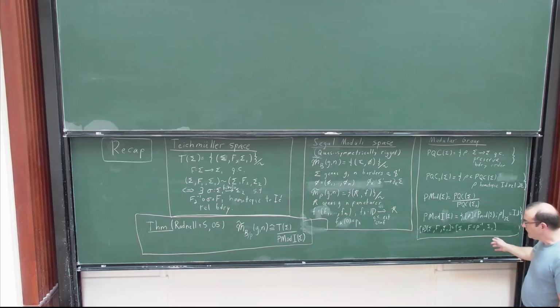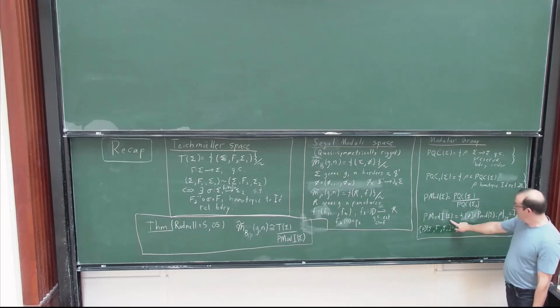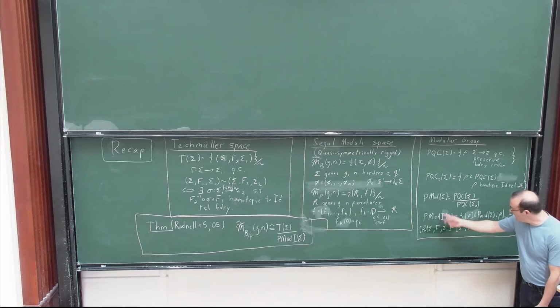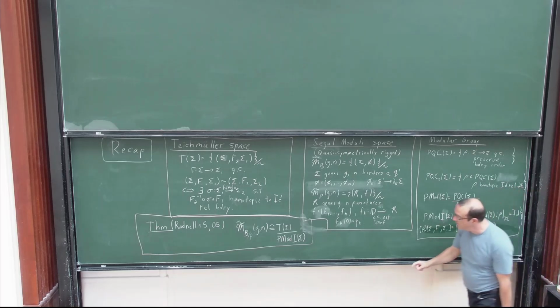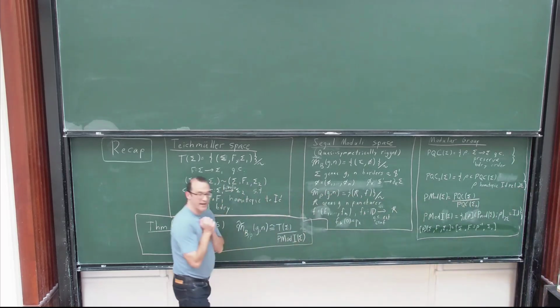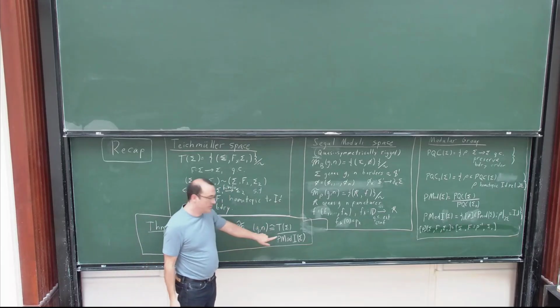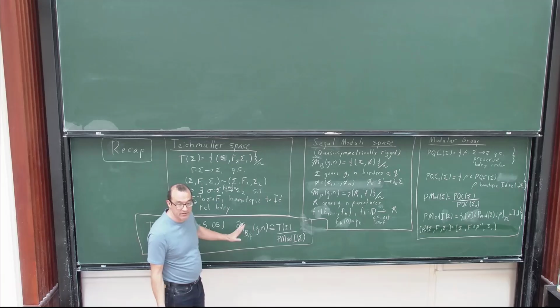Then if you restrict to those which are the identity on the boundary, I call it P mod I, for identity on the boundary, P for pure, that is the group that you have to act on the Teichmüller space by to get the Segal moduli space.